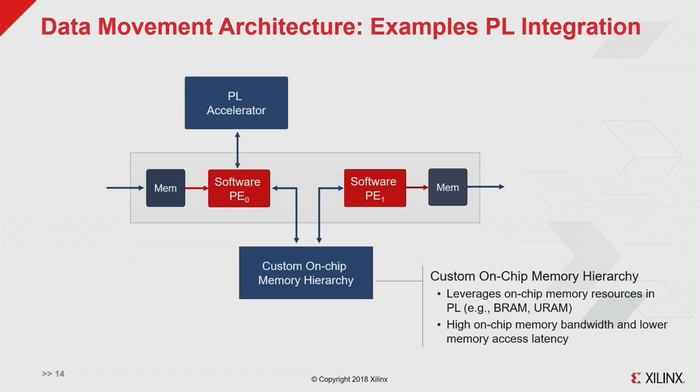Another example of this use is that we can have a programmable accelerator. In the fabric, we can have an accelerator to help these engines. We don't need to have an instruction set that covers all the possible applications.